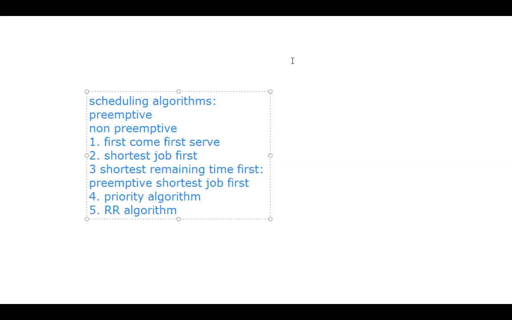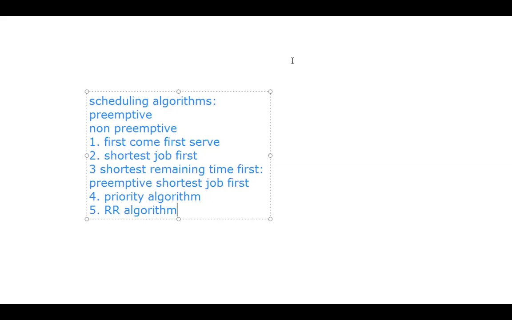So this is all about today's lecture. We discussed schedulers and their types, that is long-term scheduler, short-term scheduler, and medium-term scheduler. And then we discussed the various scheduling criteria like CPU utilization, throughput, response time, turnaround time, and waiting time.